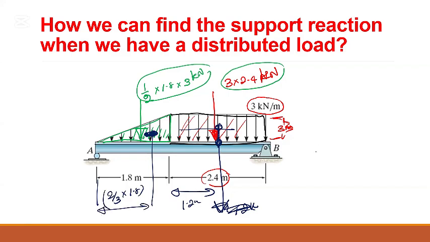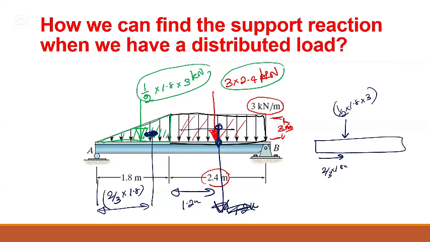So we can now say on this beam, we have half times 1.8 times 3 kilonewtons acting at 3/2 times 1.8 meters. And another force of 3 times 2.4 is acting, if you look from here, at 1.8 plus 1.2.